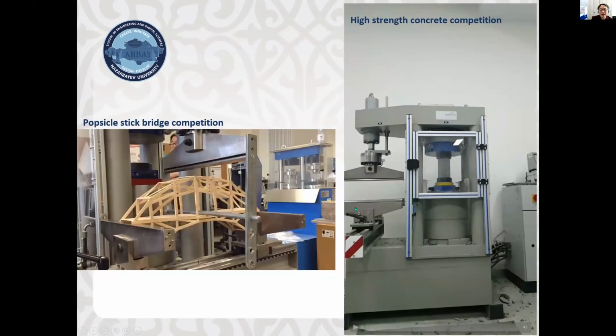As student activities in the ACI student chapter, students do the popsicle stick bridge competition or the high strength concrete competition. I want to show you one of the movies.